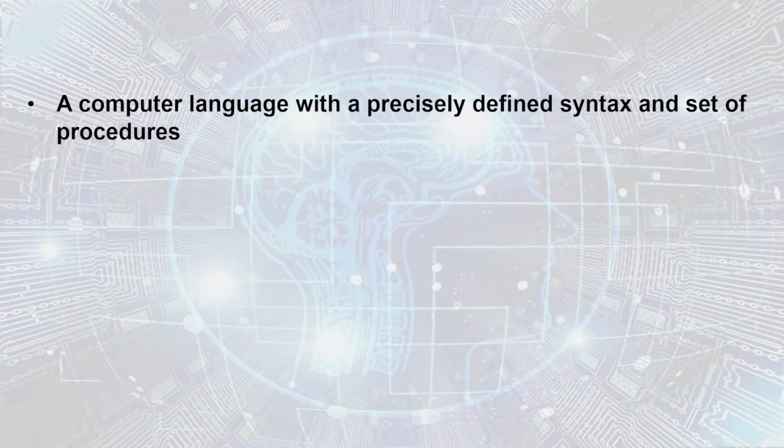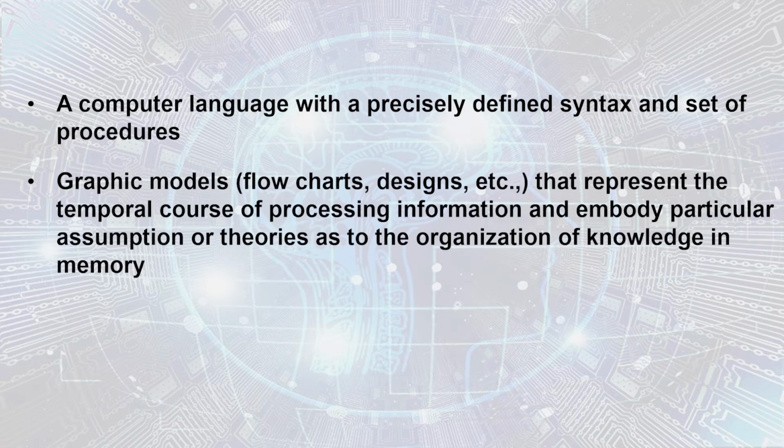A variety of frameworks are used to characterize cognition and cognitive processes. These would be such as a computer language with a precisely defined syntax and a set of procedures. It could be graphic models such as flowcharts, designs, etc.